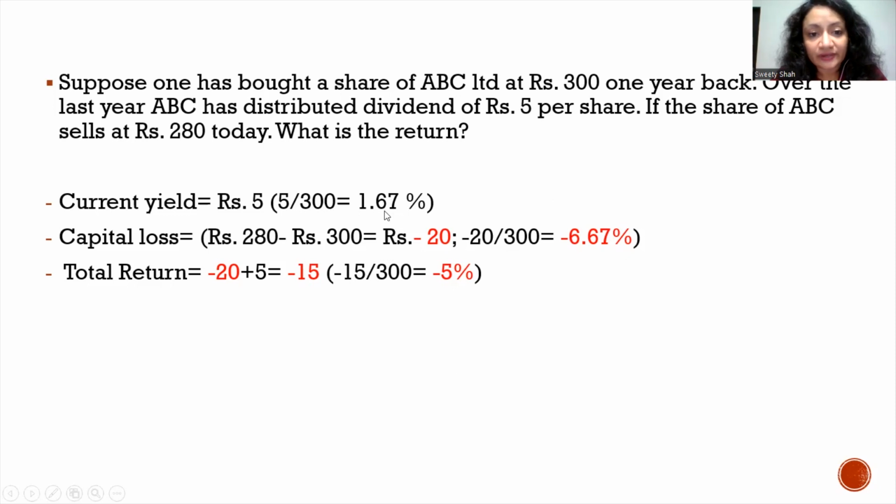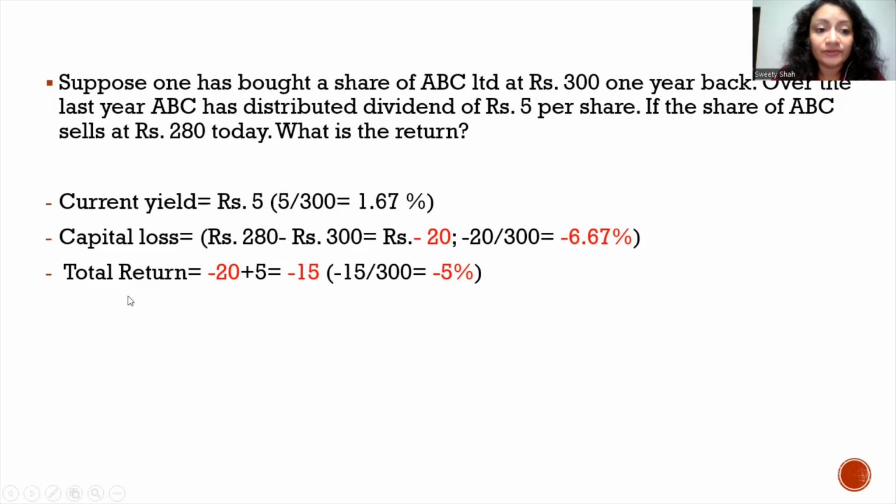If we look at our total return, it is always the current return plus your capital return. Here in this case, our current return is positive, which is 1.67 percent, whereas we are having capital losses of 6.67 percent. But because this is a positive value, it is actually suppressing the total capital losses.